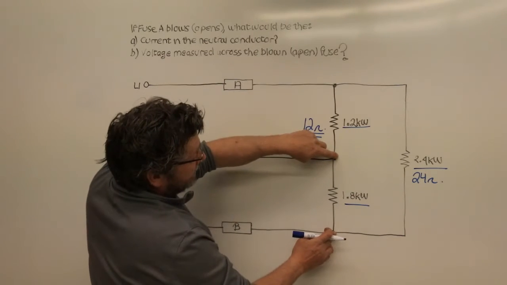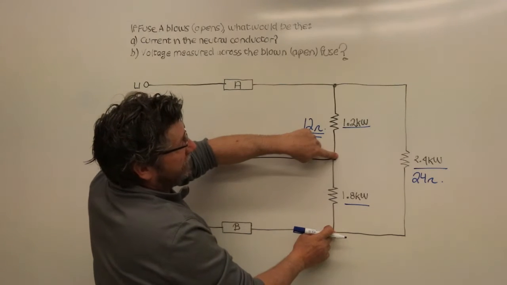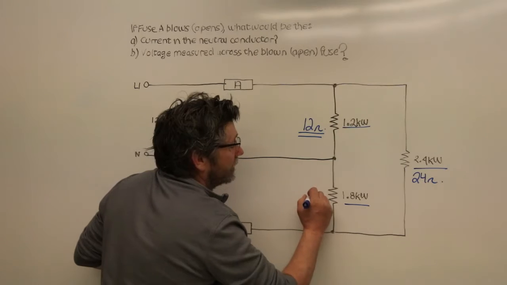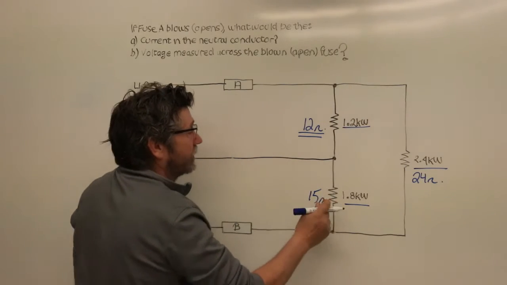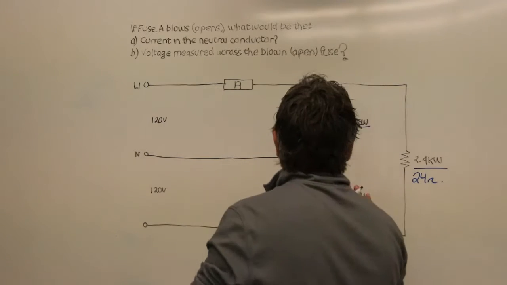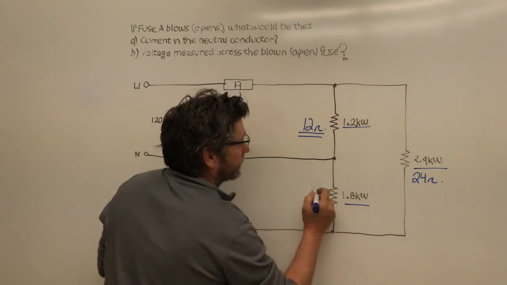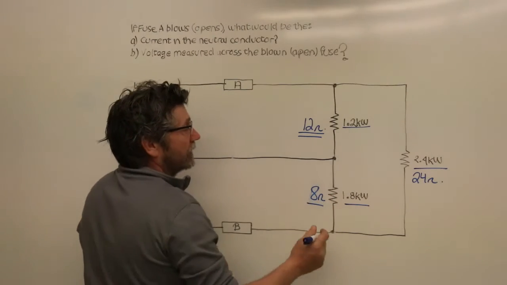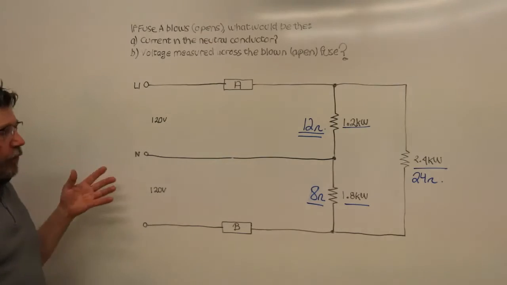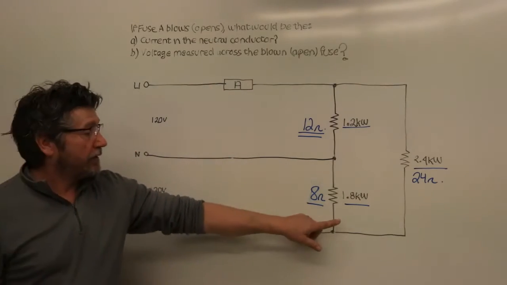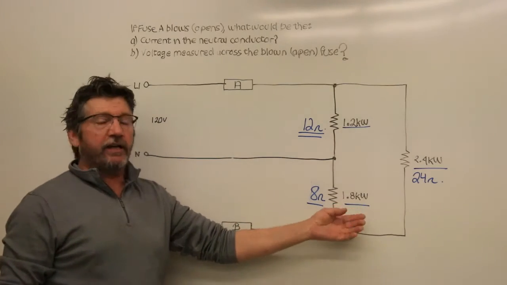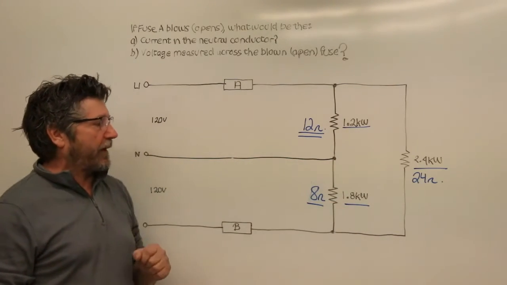This is 1800 watts on 120 volts, that's going to give me 15 ohms. Now let me double check that. I apologize, this one's 8 ohms. So 12 ohms, 8 ohms, and 24 ohms. No matter how much voltage I give that, that'll be true. The wattage changes with voltage. If I lessen the voltage, it goes down exponentially. If I increase the voltage, it goes up exponentially.